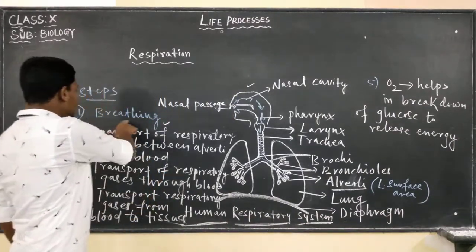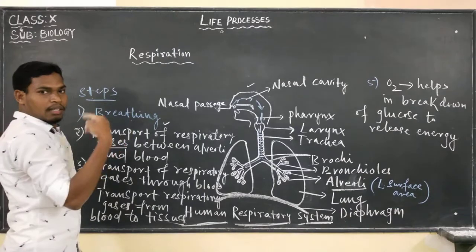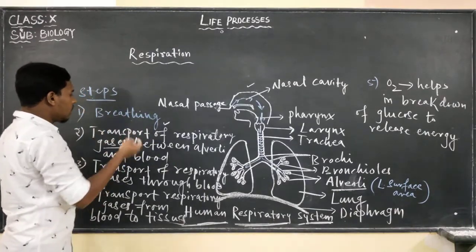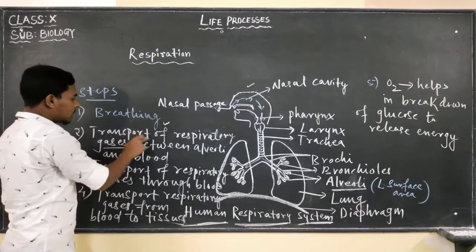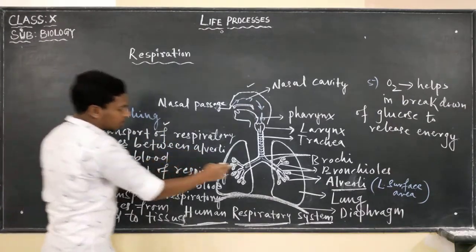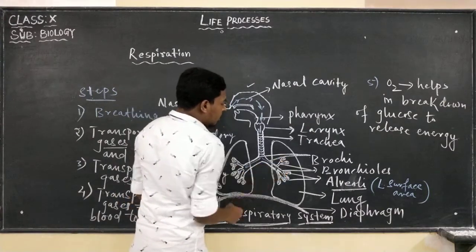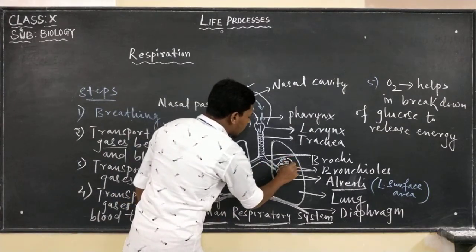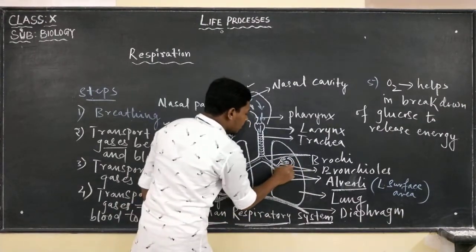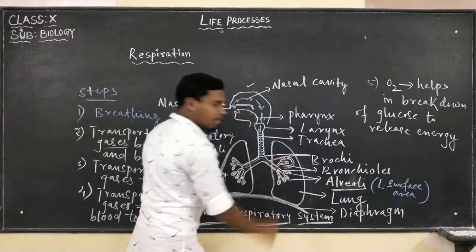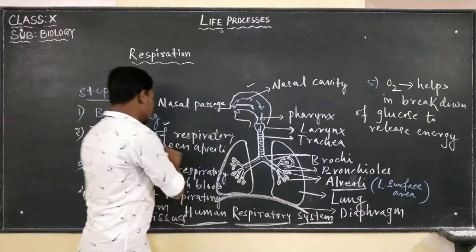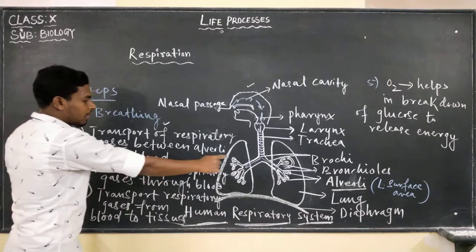First one is breathing. Breathing simply means inhaling and exhaling of gases, and transport of respiratory gases between alveoli and blood. So alveoli, they will have what? On their walls there are many blood capillaries. So from alveoli to blood, exchange of respiratory gases takes place.